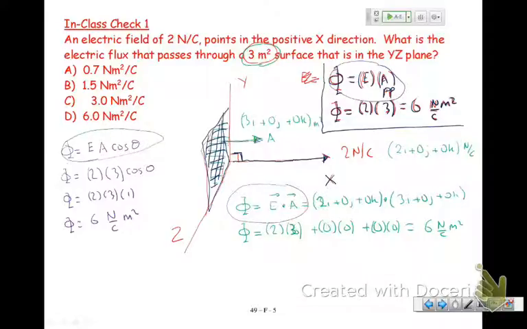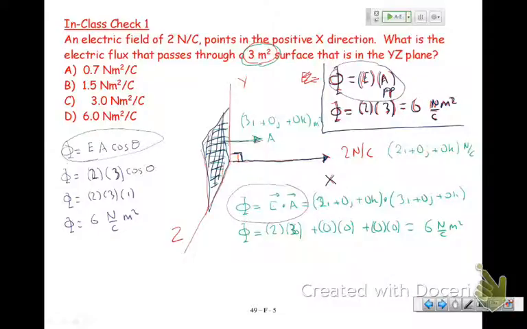Well, I'd rather not learn a special case for that, so let's try and do it a bit more generally. And what I can say is, well, okay, my flux is equal to the magnitude of my electric field times the magnitude of the area times the cosine of the angle between the electric field and the area vector. So I can look and say, well, my electric field magnitude is 2 and my area is 3.